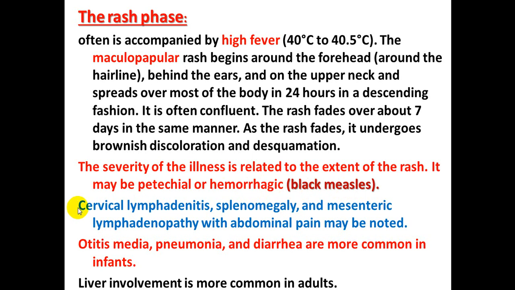Also, the patient may have cervical lymphadenitis, splenomegaly, mesenteric lymphadenopathy with abdominal pain. Also, the patient may develop otitis media, pneumonia, and diarrhea, and these are more common in infants, while liver involvement is more common in adults.